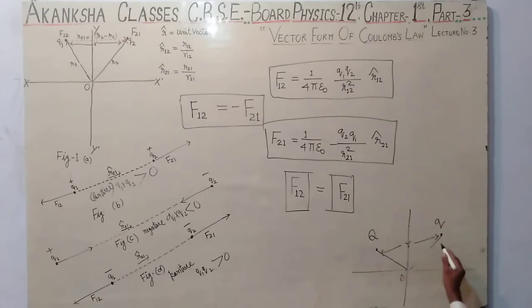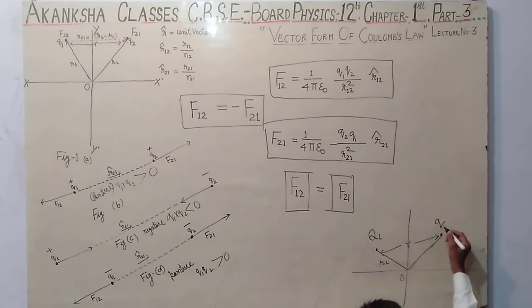And it doesn't matter which charge you call first. If you call this charge first, then this is R1. That is the position vector used for locating the position of charge Q somewhere in a Cartesian plane.